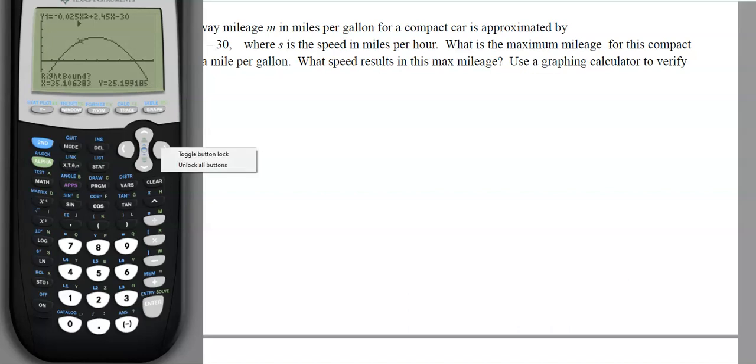Now I got to use my little toggler here to go all the way over to the other side where it's coming back down. And it's going to find the highest point between those two. Do I want to guess? Yes. And it says, oh, at 49.00000, we're at 30.025. So it did find the maximum for me as well. All right, hopefully this helps you out, get you ready for the practice. See you.